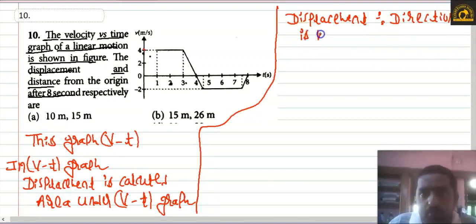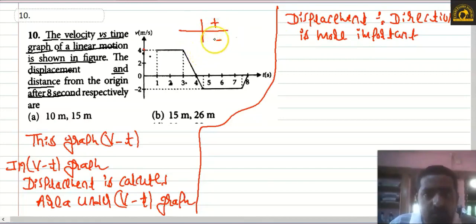So one side is positive, this is negative. The net displacement is equal to, how to calculate?